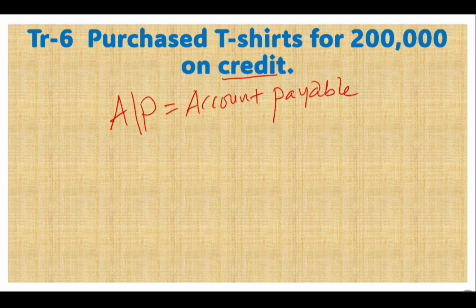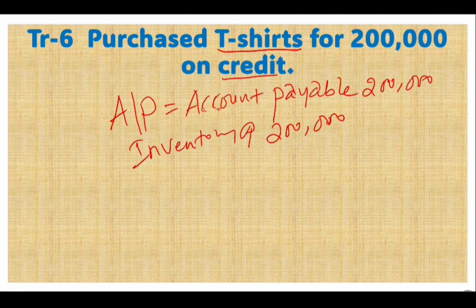Since the purchase is on credit, there will be some amount to be paid in the future. We call it account payable. This is a liability account because we are going to pay this amount in the future. So the account payable is increased by 200,000, and also since we purchased t-shirts, we have inventory increased by 200,000.